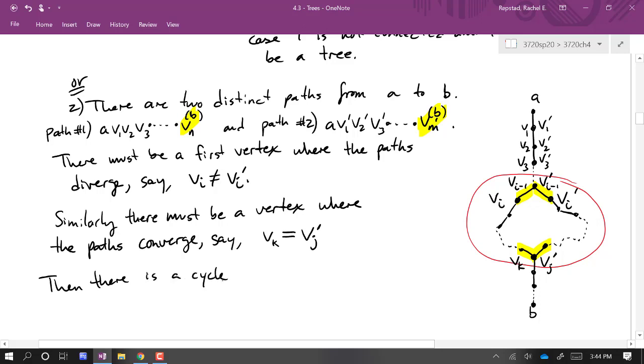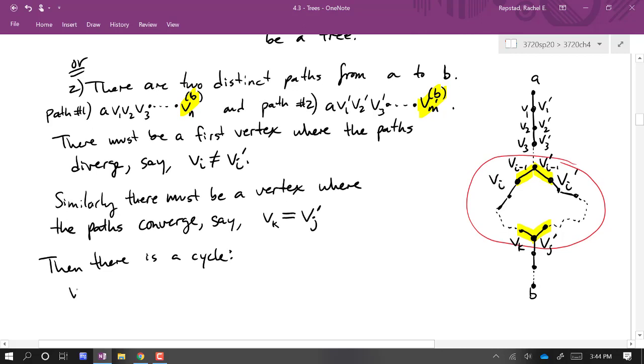We're starting at Vi minus 1, right at the top of that cycle. And then to Vi. And then there's a bunch of stuff that happens, and then we get to Vk, which is the same as Vj prime. Those are the same vertex. And then you keep going back up along the path in the counterclockwise direction, and we get to Vi prime and then Vi minus 1, right?